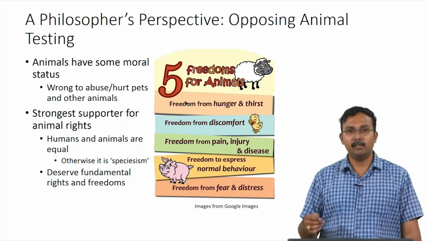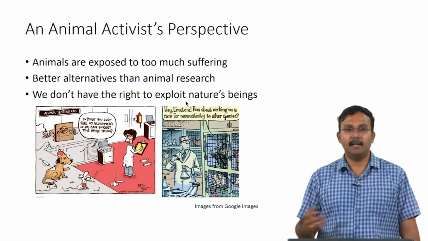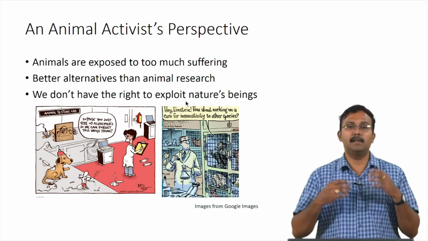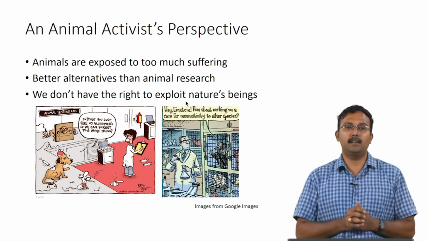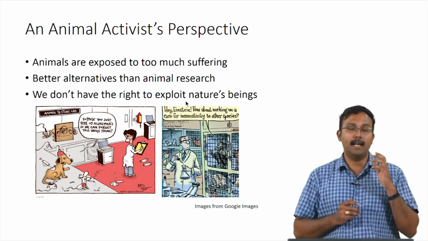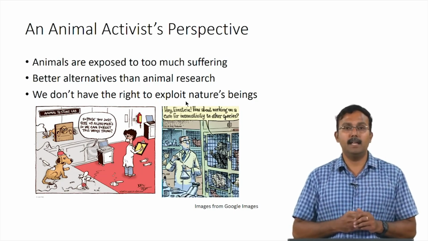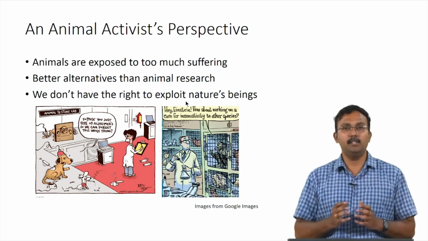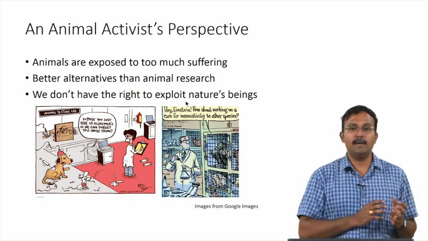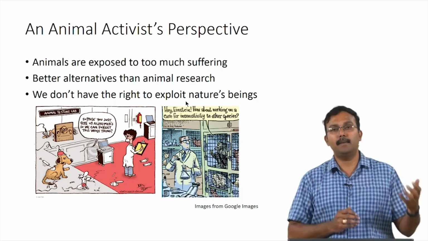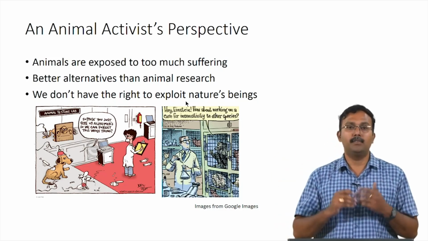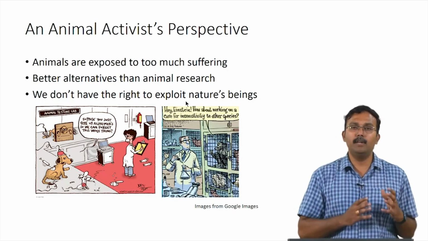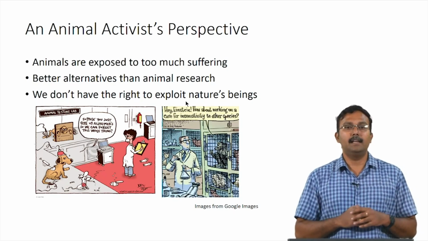Finally, you also have the animal rights activists. They believe that animals are exposed to too much suffering, and there are arguments about better alternatives than animal research, because many studies have shown that the data cannot be directly extrapolated from animals to humans. For that reason people think you are better off not doing animal studies at all.